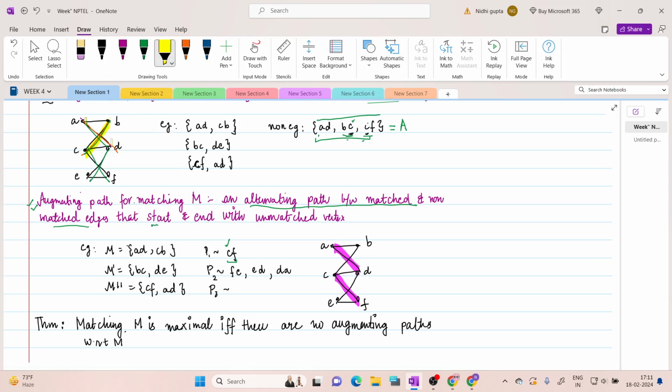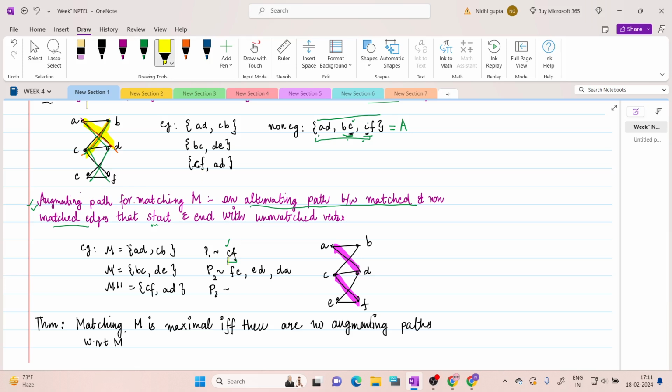The matched vertices are A, C, B, and D. An augmenting path should start from an unmatched vertex, so it should start from E or F. Secondly, it should also end with an unmatched vertex, and it should alternate between matched and non-matched edges.